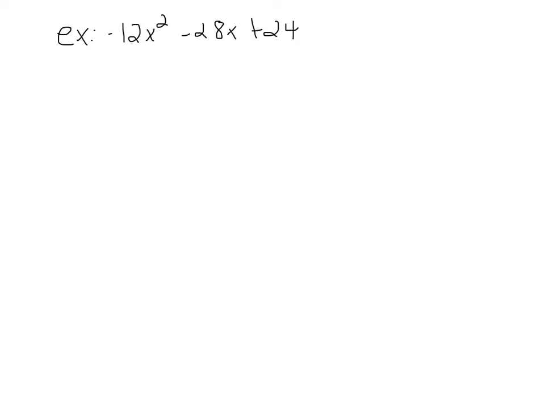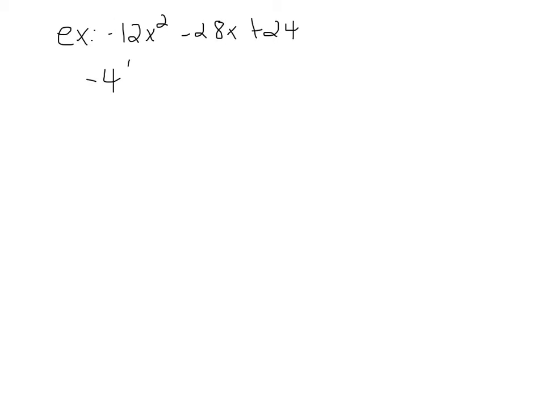So here's an example with much bigger numbers. If we check the order first, we like it. It's x squared followed by x followed by a constant. Now in this example there is a greatest common factor. We can factor a -4 out of all 3 terms. Remember what we said back in lesson 5.1. If the first term is negative, like this one is, your GCF will also be negative.